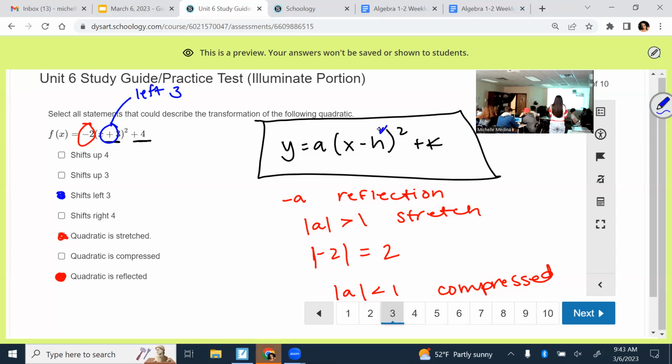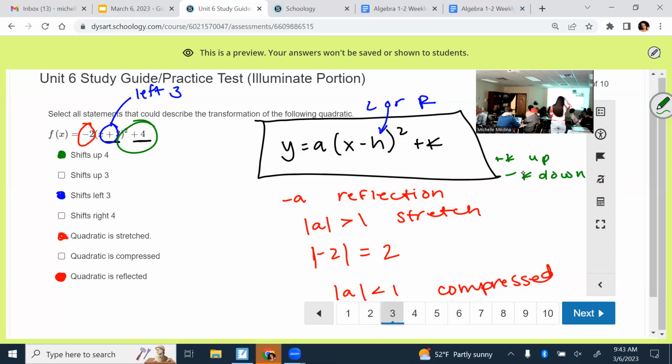So H, remember, is left or right. Since it says +3, it moves left. And then there is movement up or down, that's the K. If K is positive, is that up or down? Up. K, I think is easy. If it's plus K, you go up. If it's negative K, you go down.